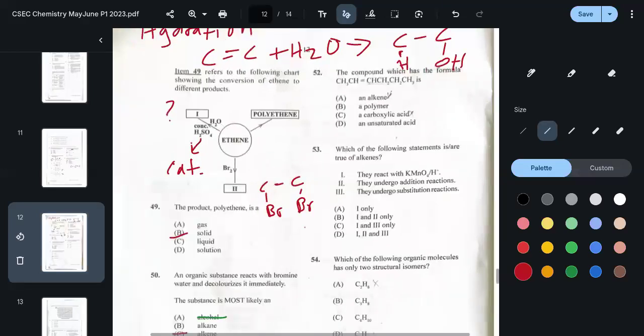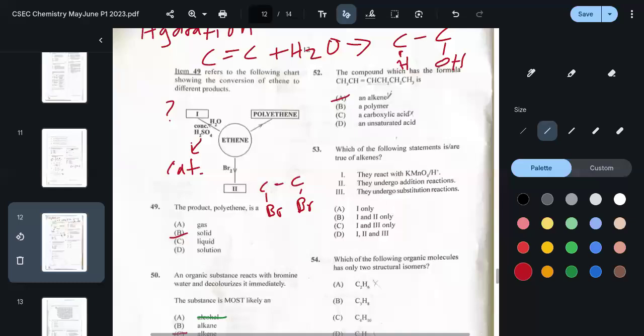52. The compound which has the formula shown, it should be easy as well, is what? Is it alkene, polymer, carboxylic acid, or unsaturated acid? An alkene, definitely, because we see the carbon to carbon double bond.